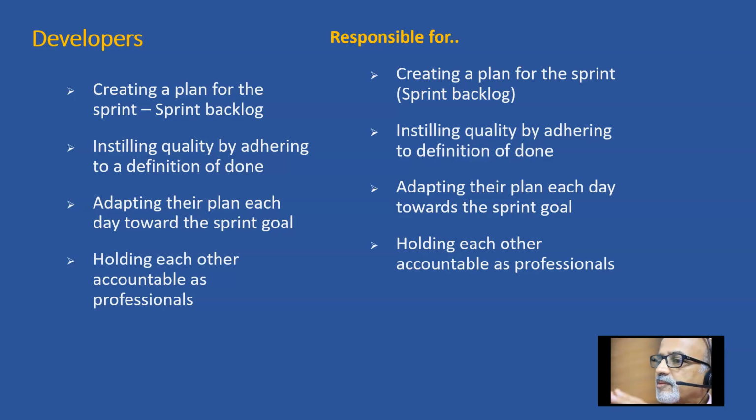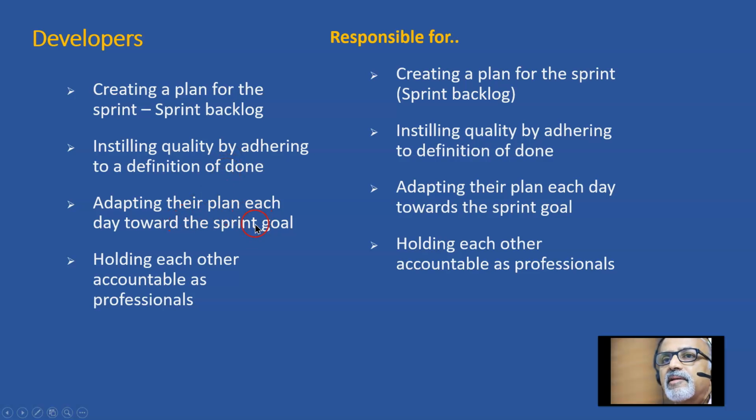So before you start working on something, the acceptance criteria must be defined and understood by all the stakeholders. That is a key criteria to be successful in a Scrum team. That is known as definition of done.